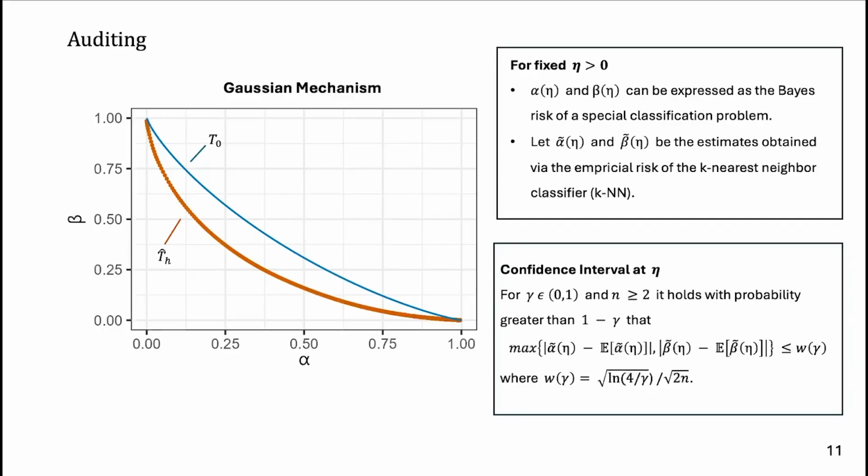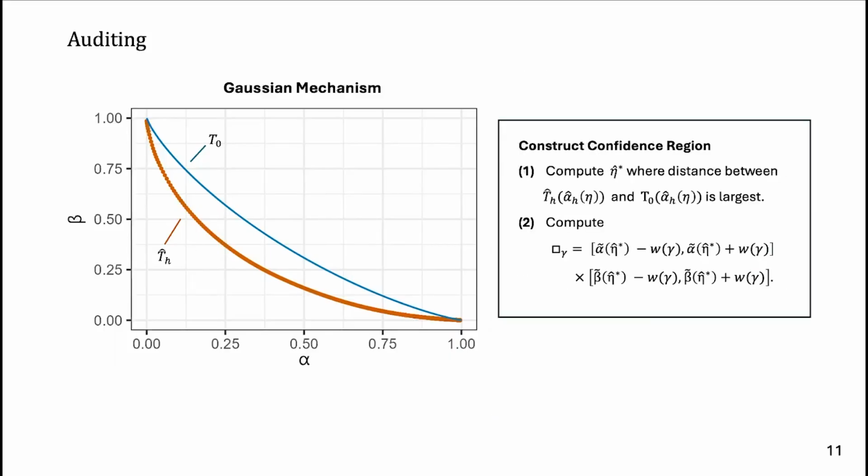This means that we can fix a confidence parameter gamma and bound the deviation of our estimates from their expected values with high probability. We can use these results to construct a confidence region that can help us to reliably reject false privacy claims.